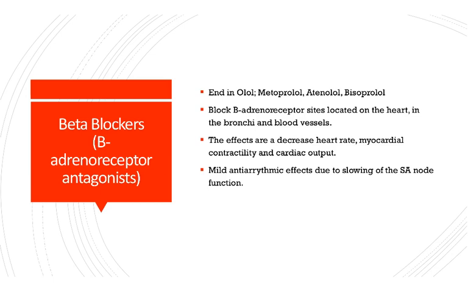And beta blockers also have a mild antiarrhythmic effect due to the slowing of the sinoatrial node function. So ultimately, beta blockers work by making your heart beat more slowly and with less force, thereby reducing blood pressure.